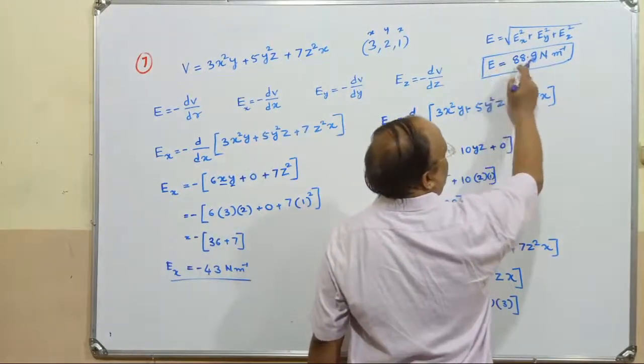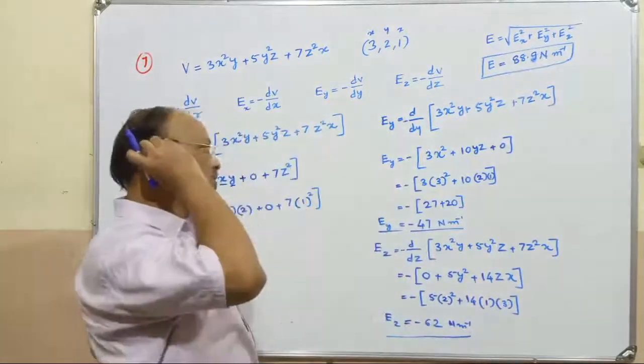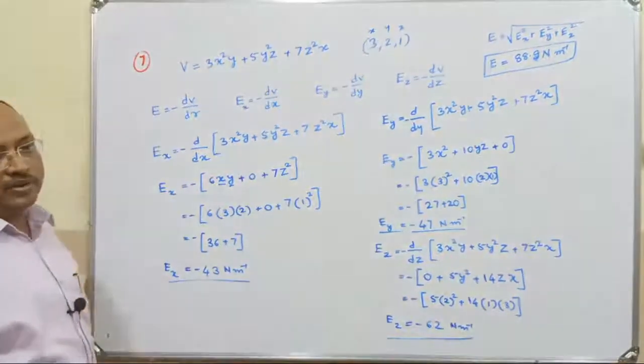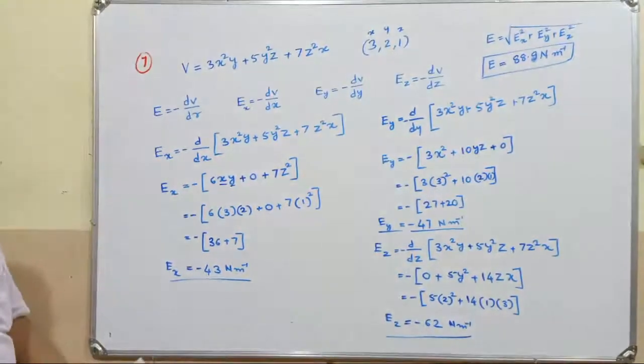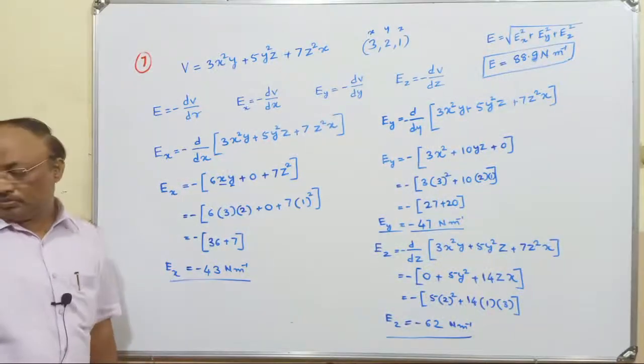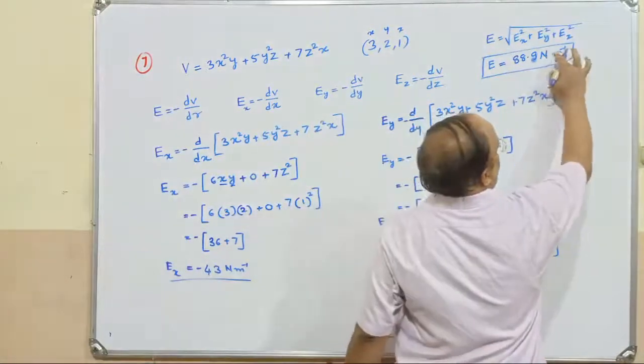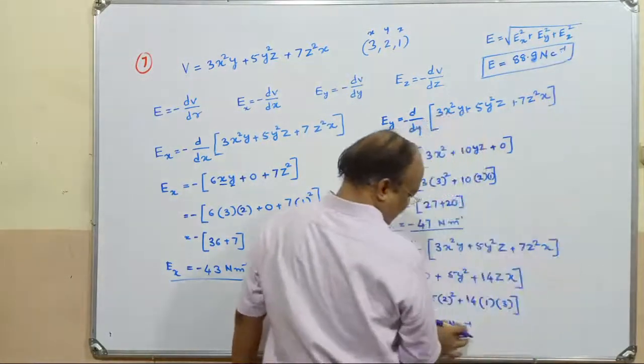It is 88.9 Newton per Coulomb, or you can write it as volt per meter also.